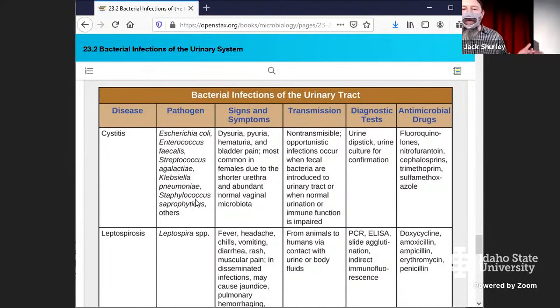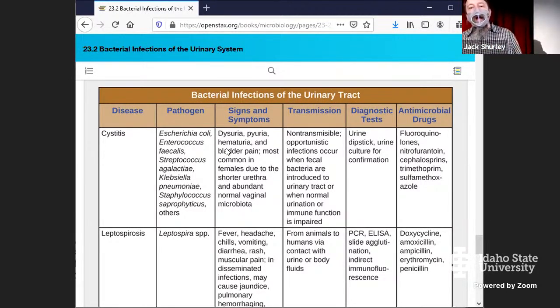A lot of it we may think of as possible normal flora elsewhere that causes these issues, like E. coli, Enterococcus faecalis, both GI issues. Streptococcus agalactiae is another potential. Klebsiella, Staphylococcus saprophyticus, and there's some others, right? Numerous potentials for these guys to cause issues.